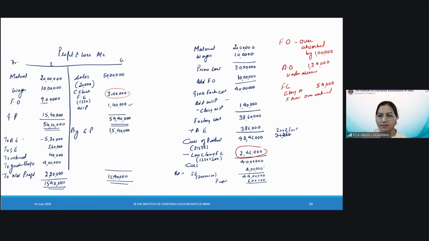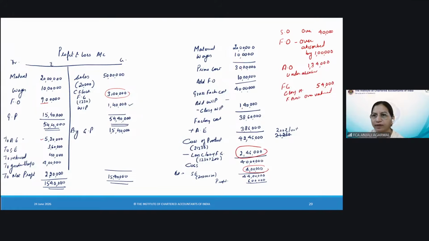And then selling expenses are also showing some difference. Selling expenses 3,60,000 and 4 lakh. So selling expenses are over absorbed by 40,000.